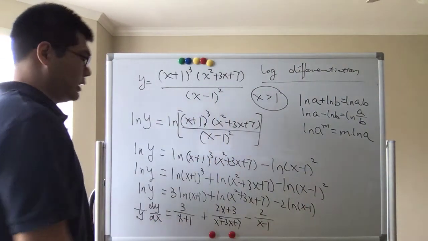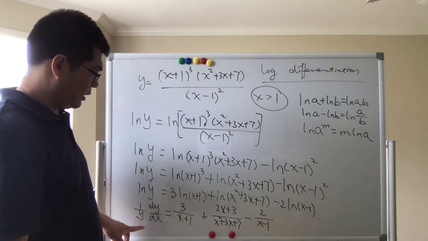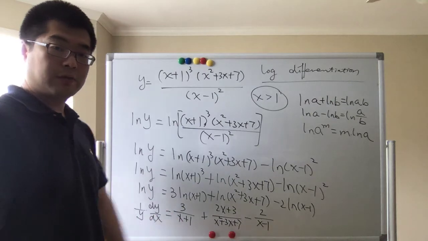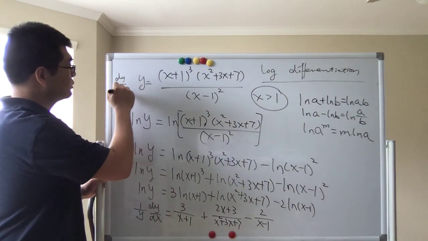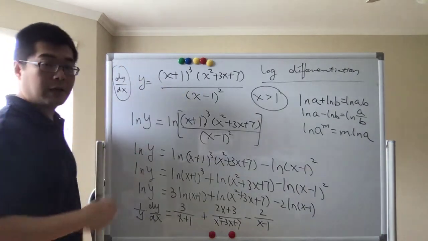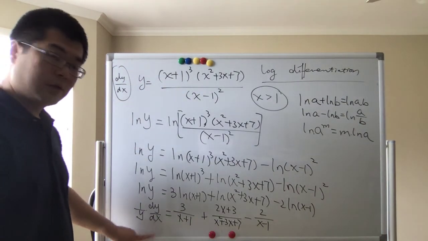So left hand side is dy/dx times 1 over y. Our final goal is to figure out what dy/dx is.